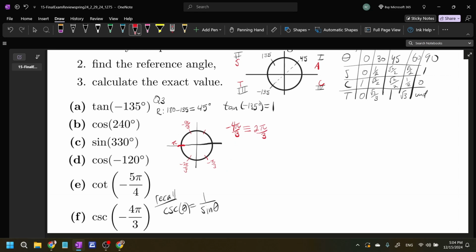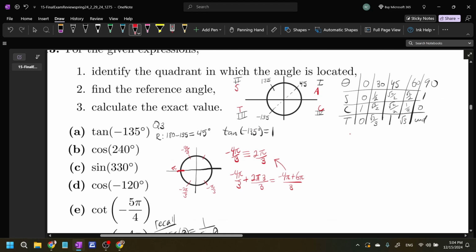If you don't remember how to go from here to here, you take your negative 4 pi over 3, and we're going to add 2 pi to this until we get a positive number. But because this denominator is 3, we need to multiply the 2 pi by 3 over 3, which means we're doing negative 4 pi plus 6 pi over 3. When you simplify that, you get 2 pi over 3. Okay? So 2 pi over 3.